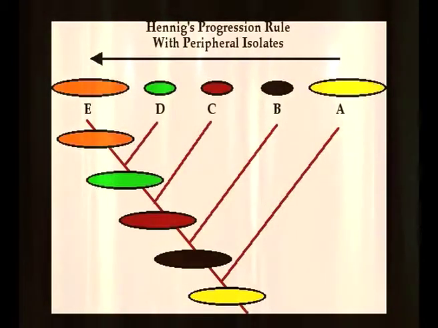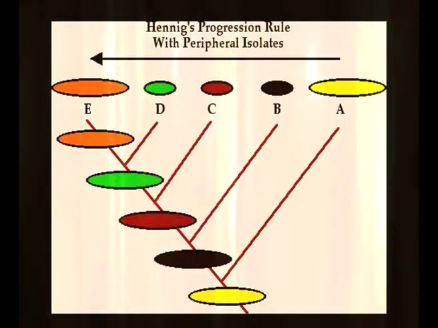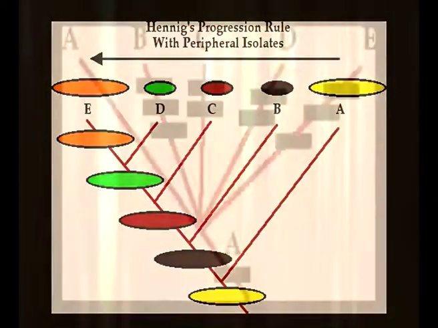The Hennigian species concept, which is named after the German entomologist Willi Hennig, like the biological species concept, is based on the criterion of reproductive isolation.